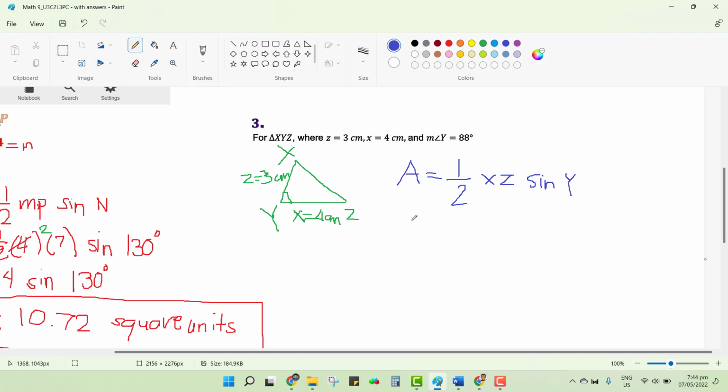Then substituting all the values, you will have 1/2 times x which is 4. You can always write centimeter if you would like to. If you don't want, you can also just write 4 and then make use of the notation for the unit later. But since I have written this one, I'm just going to continue. Times 3 centimeters times sine y, which is 88 degrees.